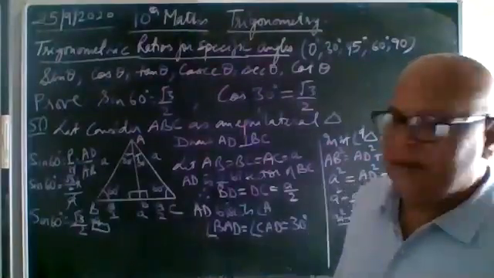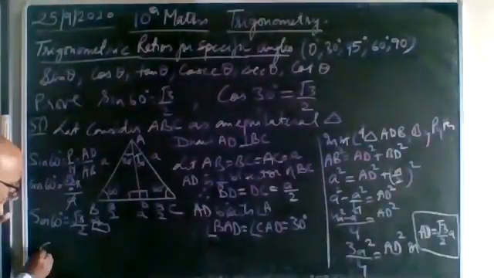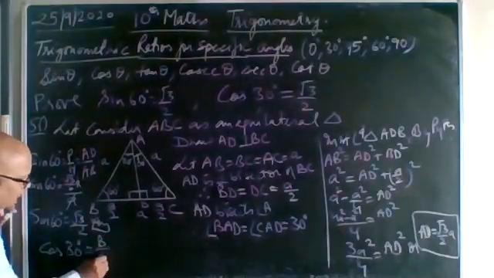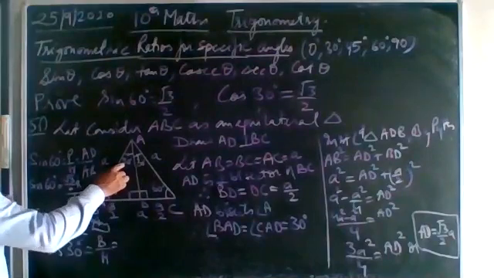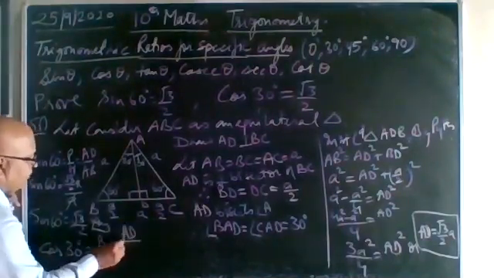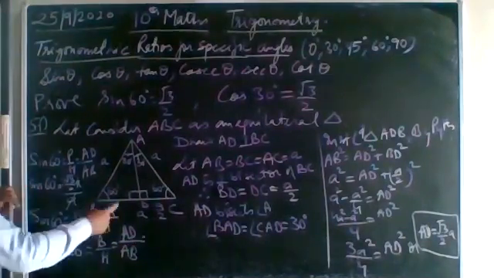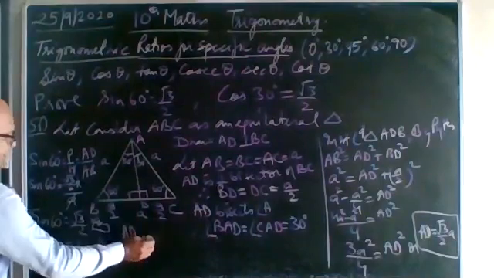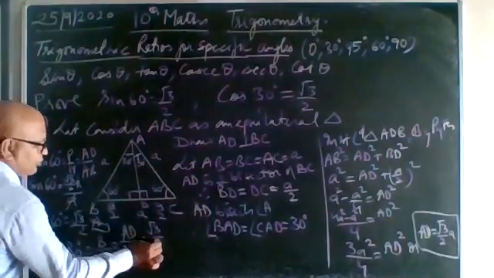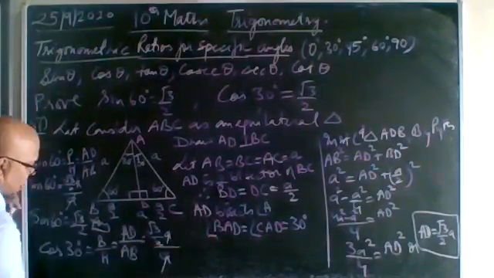Now I want cos 30 degree, that is base upon hypotenuse. This is 30 degree. Base is AD, hypotenuse AB. Now AD is root 3 by 2 A upon AB, which is A. So this cancels.